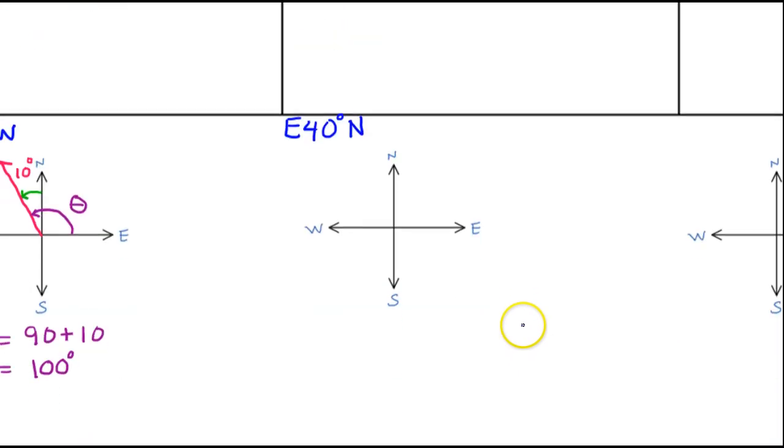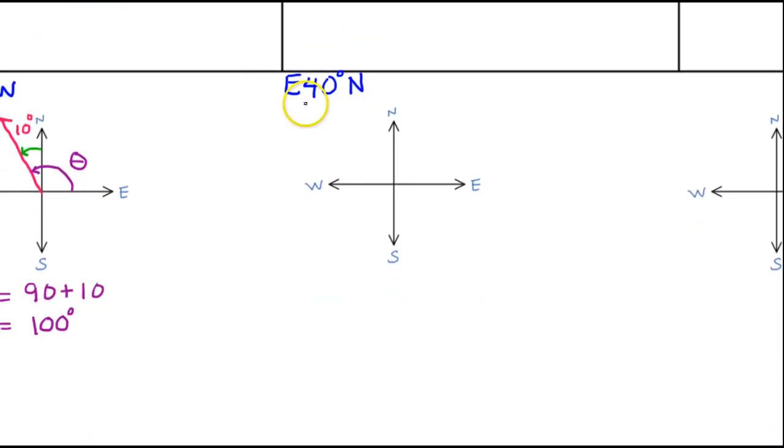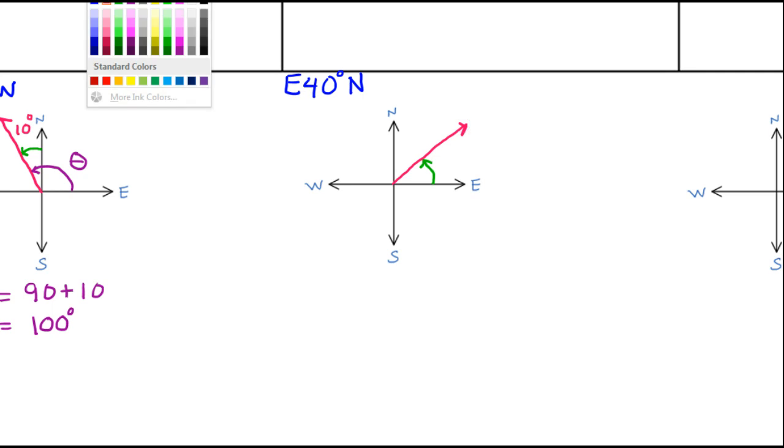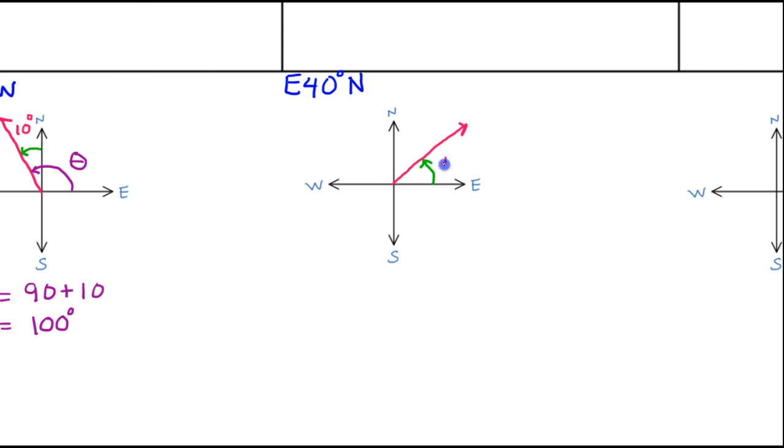So this type of direction means start at east and then turn 40 degrees towards the north. So if I start at east and I turn 40 degrees towards the north, then my vector will be here, and this angle is the 40 degrees.